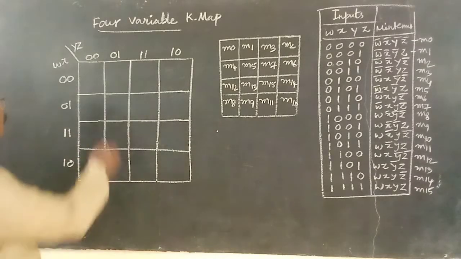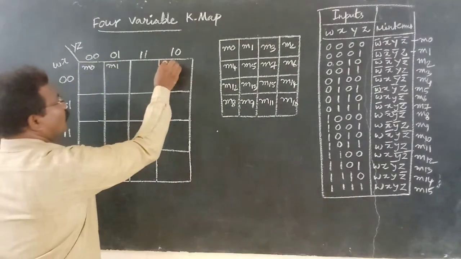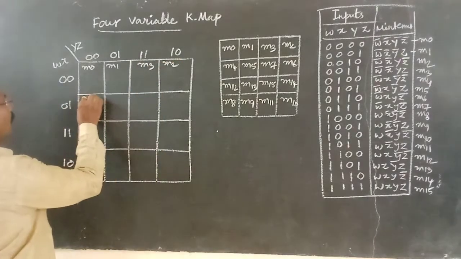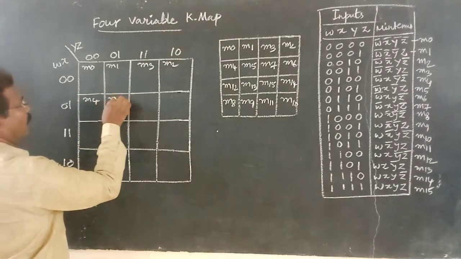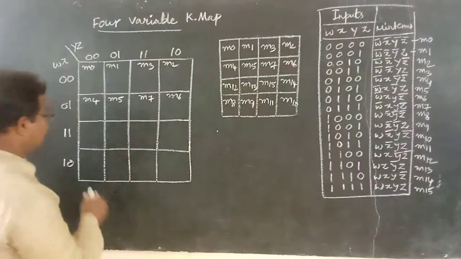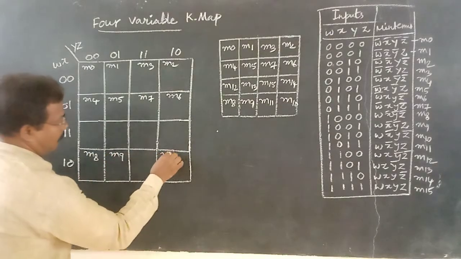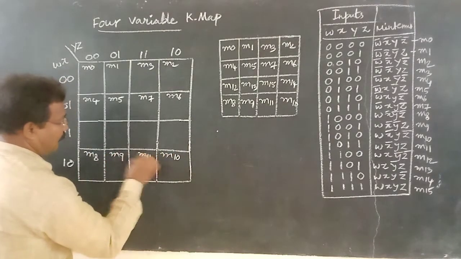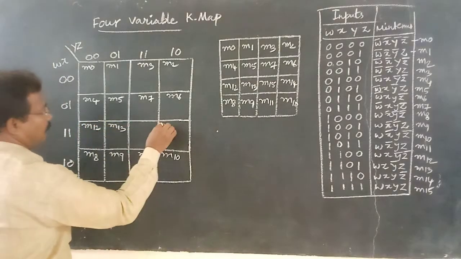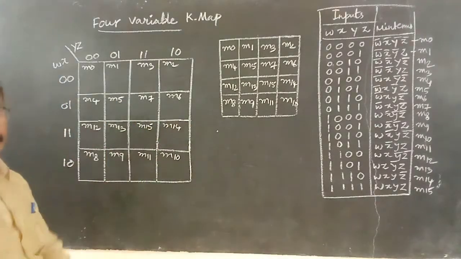So here the first minterm M0, M1, M2, M3, M4, M5, M6, M7, M8, M9, M10, M11, M12, M13, M14, and the last minterm is specified here.